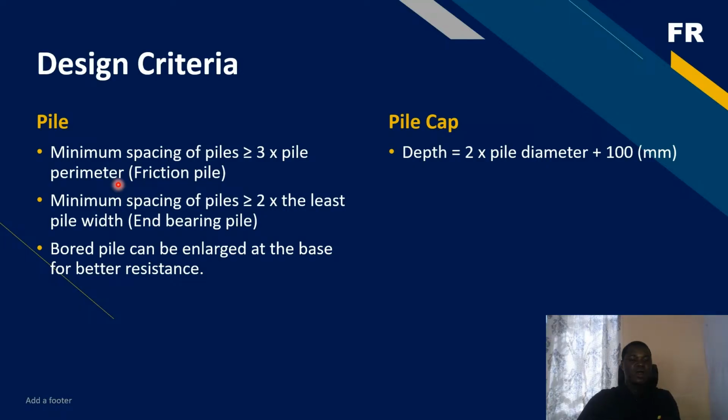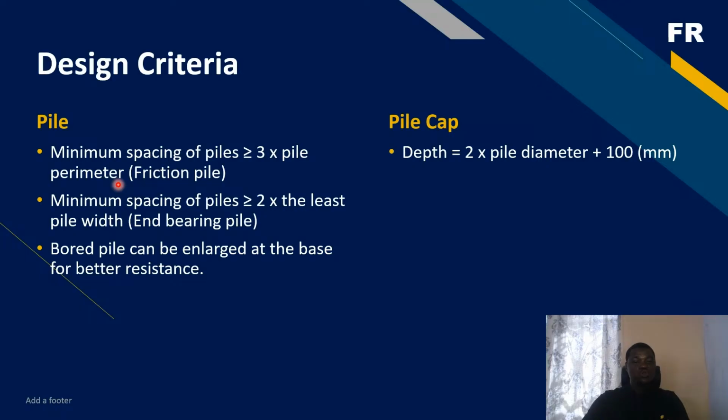So when you have a friction pile, the mechanism of supporting the load is using the skin friction between the pile, either concrete or steel or timber, and the soil. So the friction between the two is the mechanism by which a friction pile supports load.